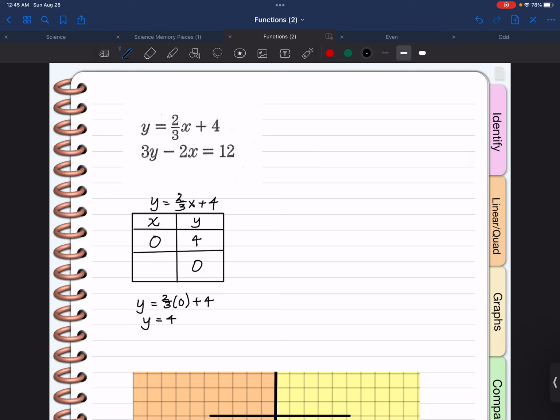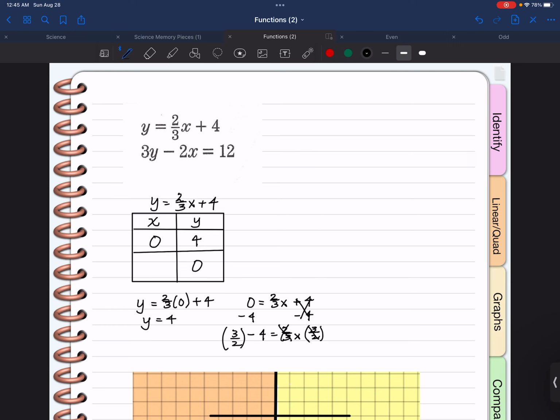And then you have 0 equals 2/3 of x plus 4. So minus 4 and minus 4. Negative 4 equals 2/3 x. So to get rid of the fraction, you're going to multiply it like so.